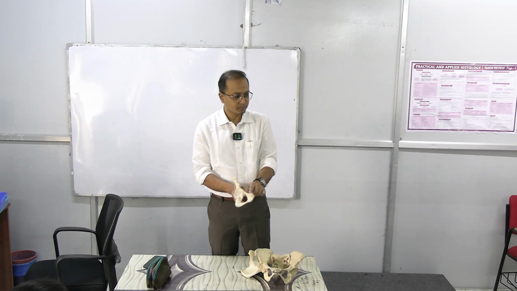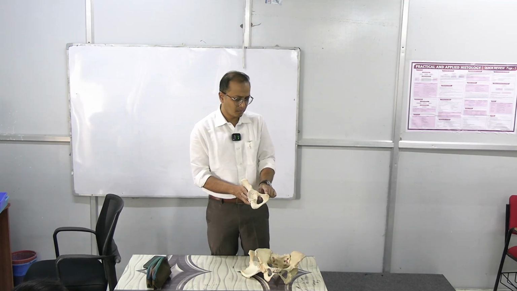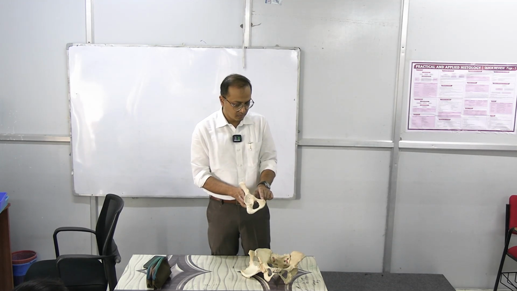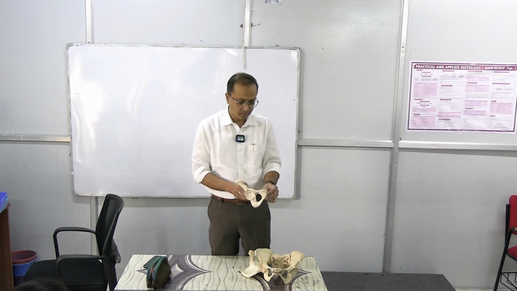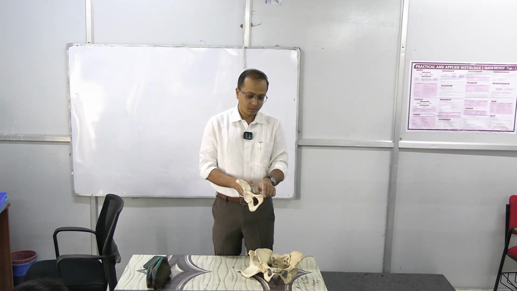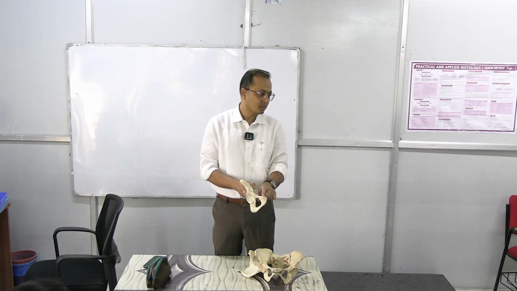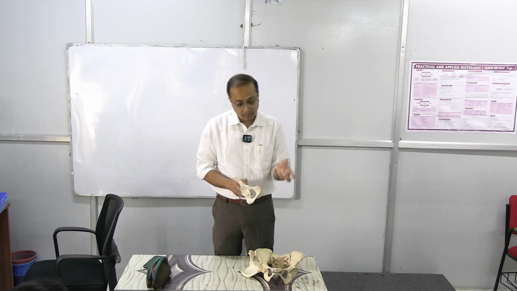The tubercle present in this bone we call the pubic tubercle. This pubic tubercle is an important landmark that you have to keep in mind. Between this medial border and this pubic tubercle, the border is called the pubic crest. These words, pubic crest, will come again and again.